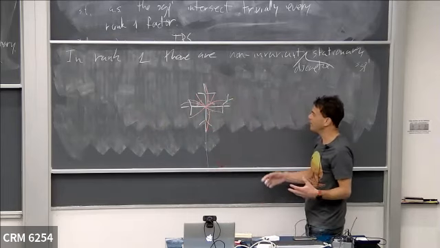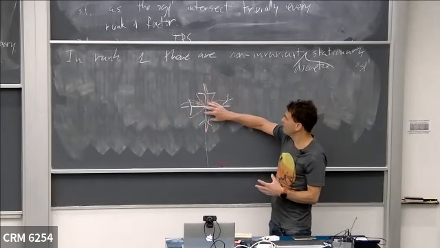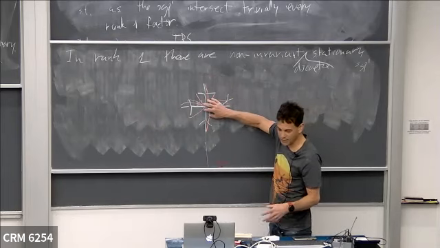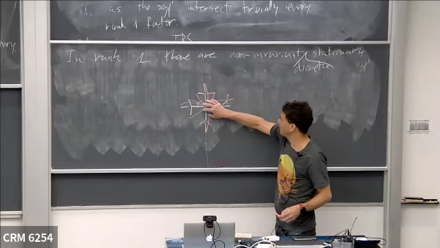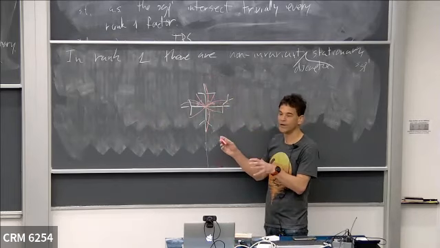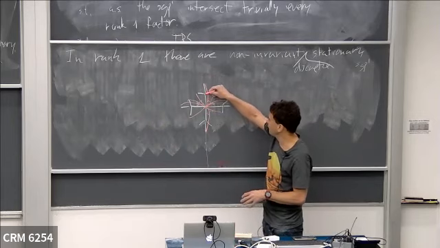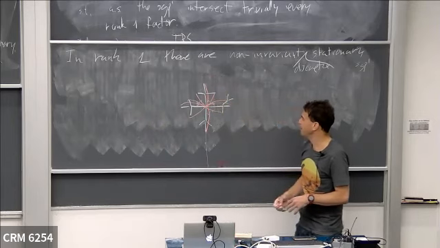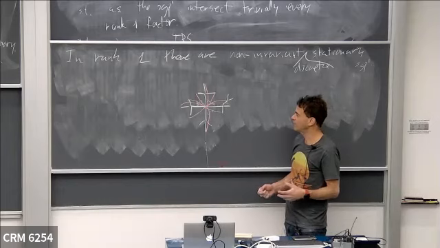Now this red part of it consists of two components, one for the even and one for the odd vertices, and each of them is a 10-regular tree.